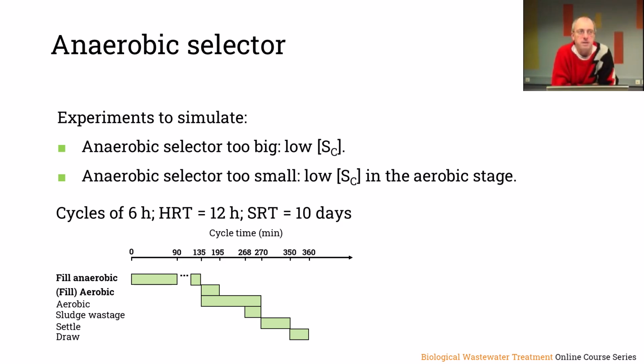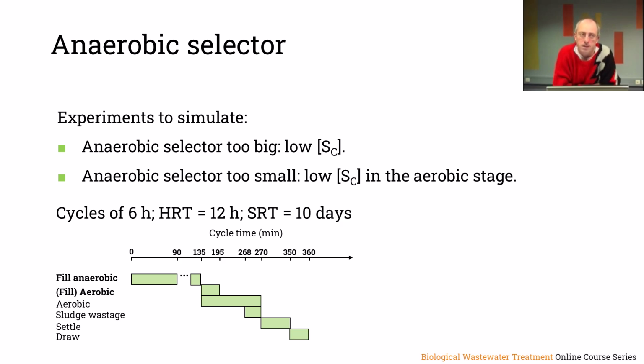For anaerobic selectors, that's effectively what you do if you have a BioP system also. You can make an anaerobic selector. And in the anaerobic selector also the easily biodegradable substrate can be taken up. In this case, not by normal heterotrophic bacteria, which use oxygen or nitrate as an electron acceptor for their growth, but by bacteria like phosphate accumulating organisms or glycogen accumulating organisms, bacteria which found ways to generate a limited amount of energy, and use that energy only to take up the substrate.